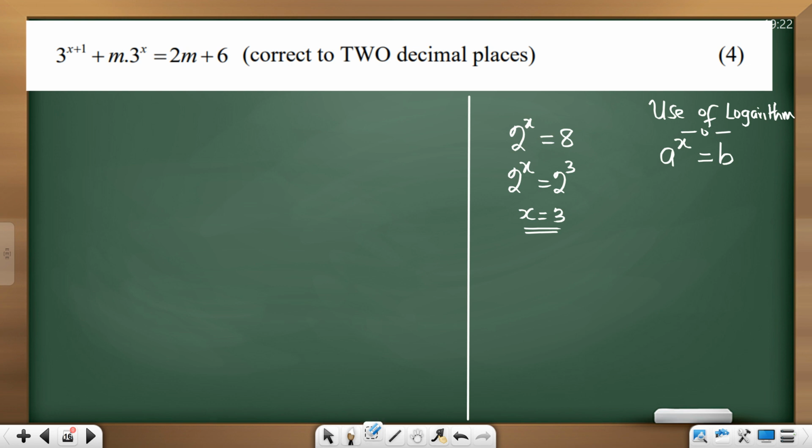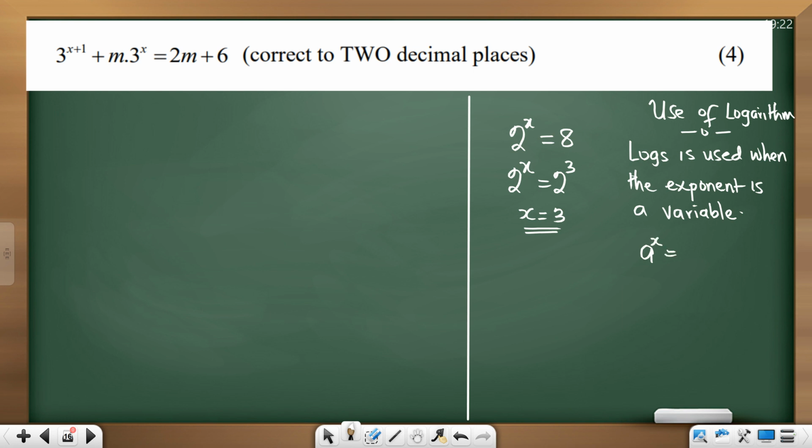When do I use logs? Logs, that's the short form, is used when the exponent is a variable. So I'm looking for x, but where is x? It is a variable. You are going to need this in algebra, financial maths, and geometric. Oh, for those of you that were here with me in geometric, we learned this. a to the power x is equal to b.